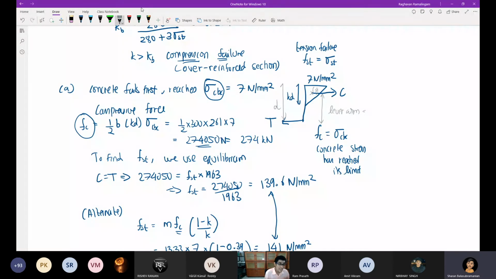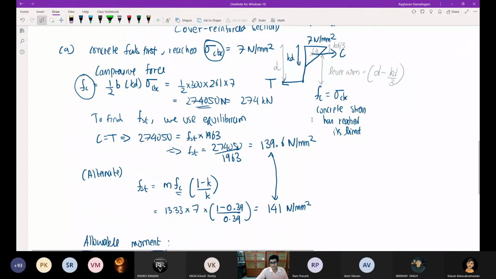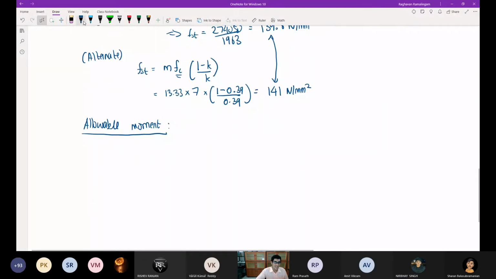It's a triangle, so it's by 3. This will be KD by 3. So this remaining distance is D minus KD by 3. Just multiply one of these forces, the force which forms the couple, by the lever arm, and that will give you the allowable moment.